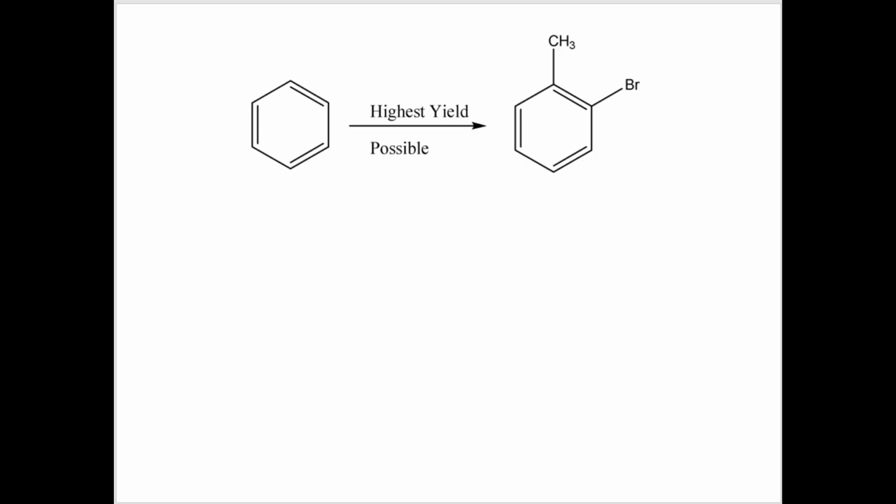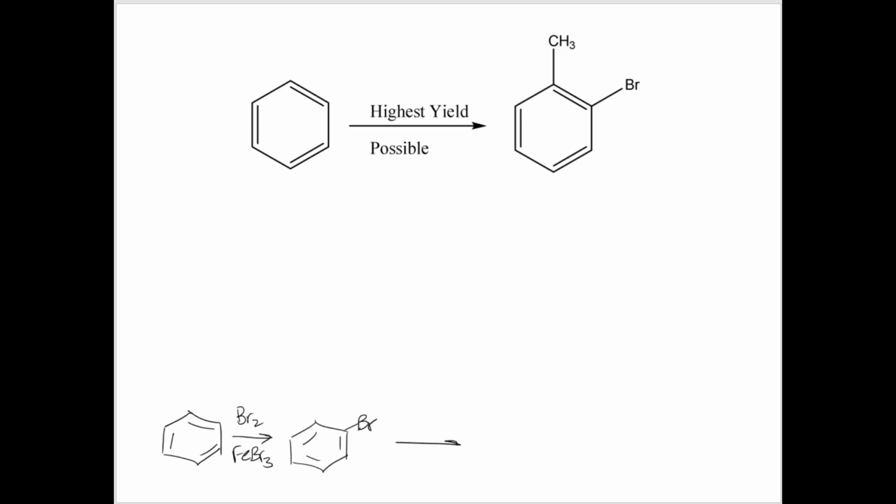If you were going to do this reaction, you might say, well, okay, how about this? I have to make the methyl group and the bromine. So let's go ahead and put the bromine on the ring, and we would do that using Br2 and FeBr3 or aluminum tribromide.